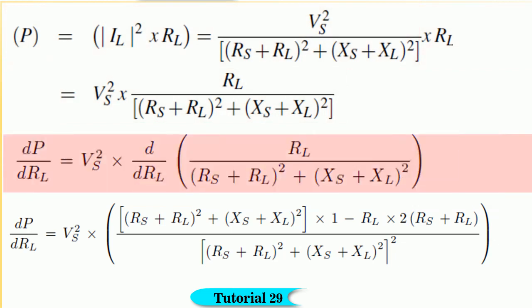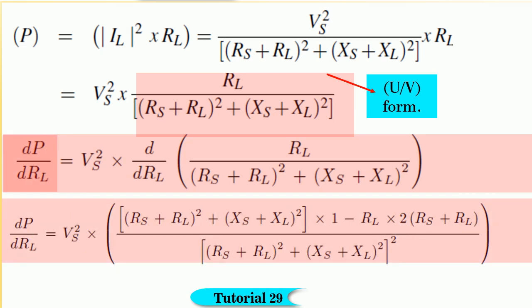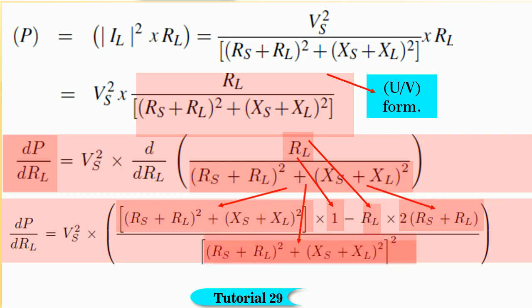Now, dP by dRL, we know it is in the U by V form. Hence, dP by dRL is equal to denominator into d by dRL of numerator minus numerator into d by dRL of denominator, divided by denominator square.